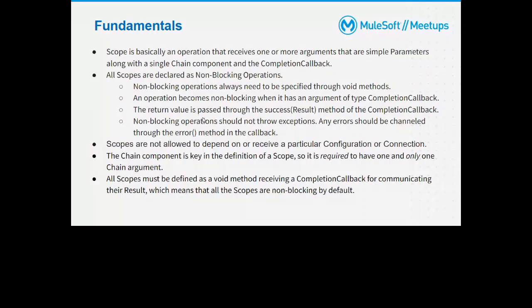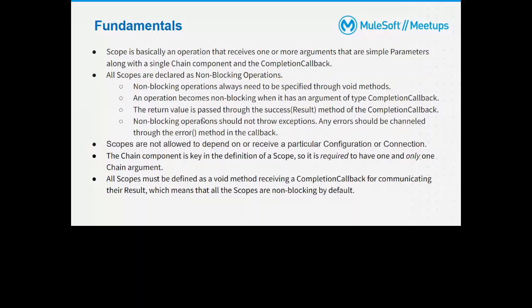In a connector you can get some error, but your scope doesn't do that. Your scope wraps up your process to do different operations, like we have try scope, and we have until successful scope. What does it do? It wraps different processors inside it. So that's the basic operation of a scope.